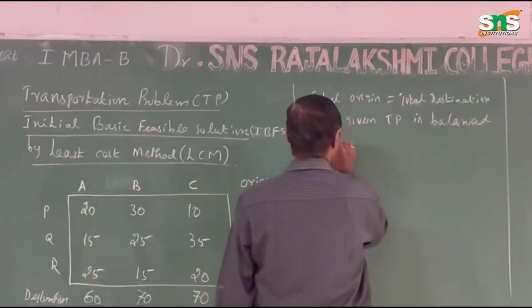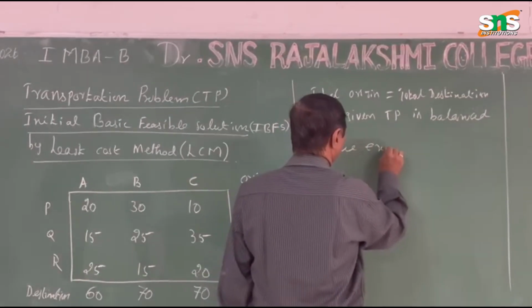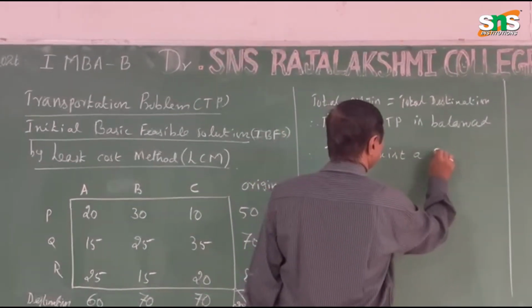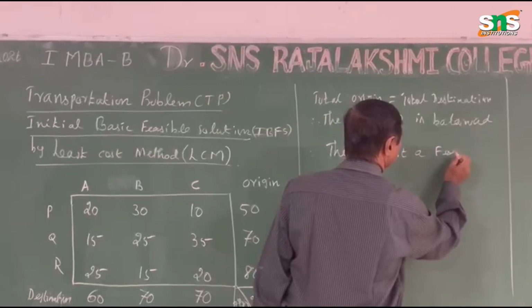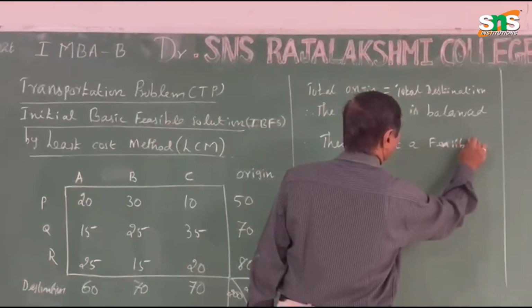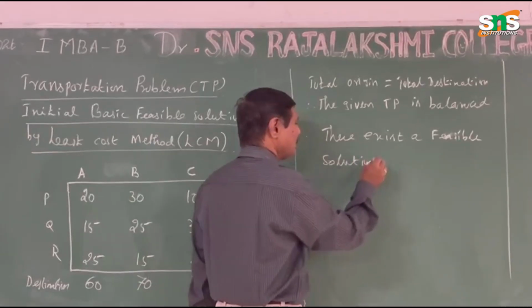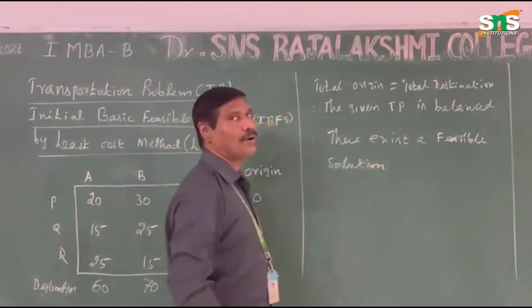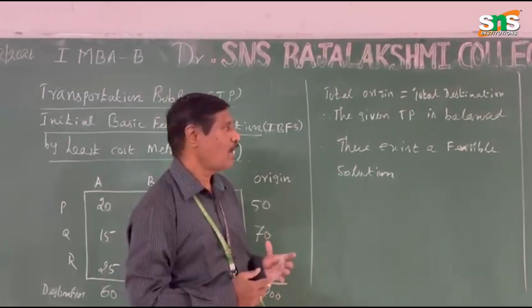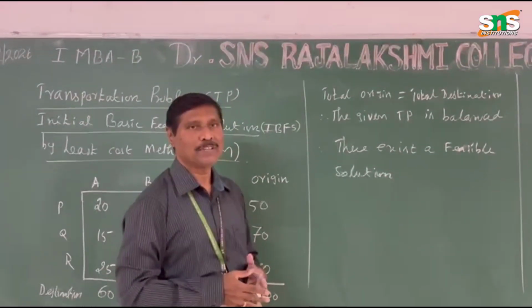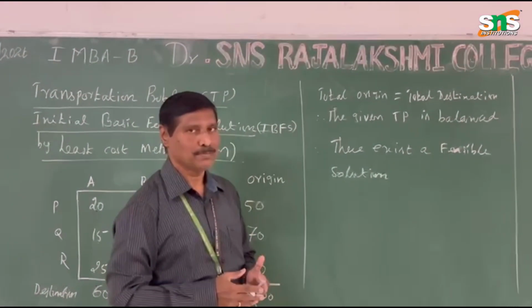Therefore, there exists a feasible solution. This feasible solution is found using the least cost method. So we discuss how to find the initial basic feasible solution using the least cost method.